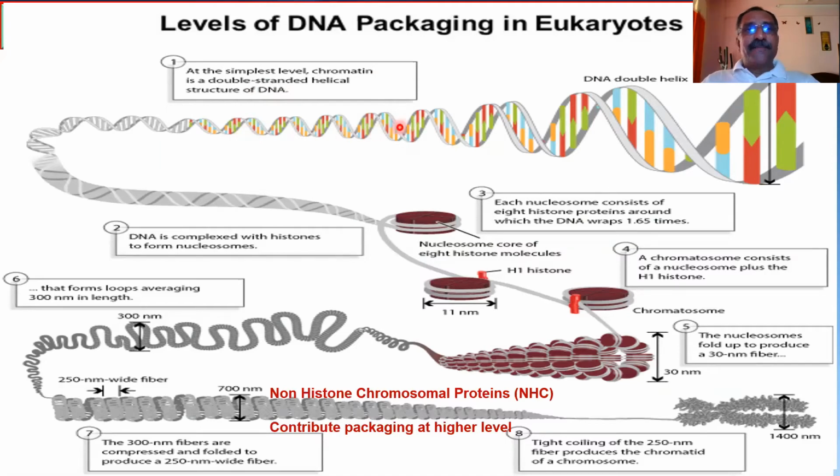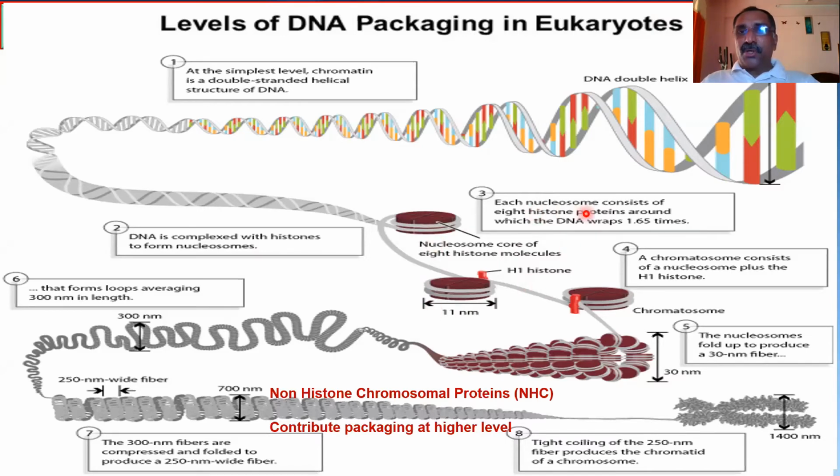But this simple DNA, the thin fiber, is going to form a complex with the help of histones, and then it forms the nucleosome. That nucleosome you see over here. Now this 2 nanometer structure has become an 11 nanometer structure.